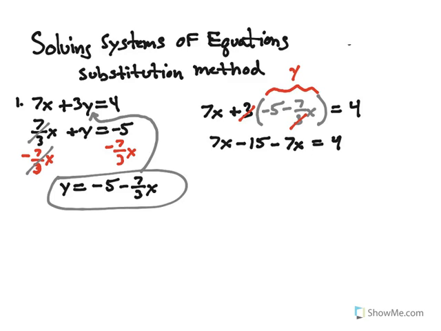All right, so now look what happens here. 7x minus 7x on the left side cancels. And then I'm just left with minus 15 equals 4. That is definitely a false statement.